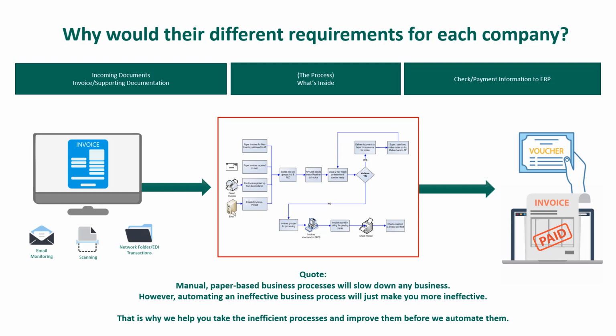the core process it takes to get GL coding done, matching done, the approvals done, really takes a turn in the details, and that is why there are different requirements for each company.